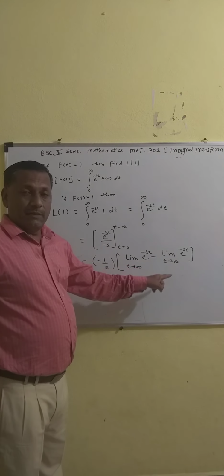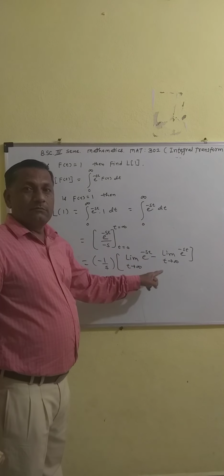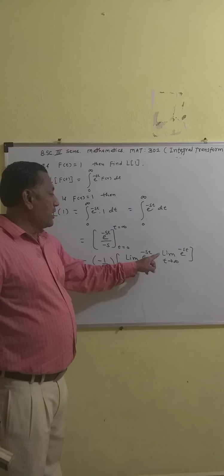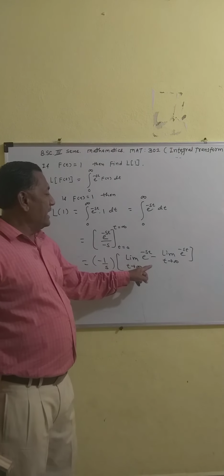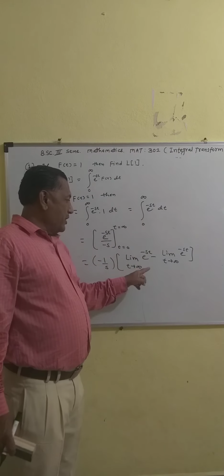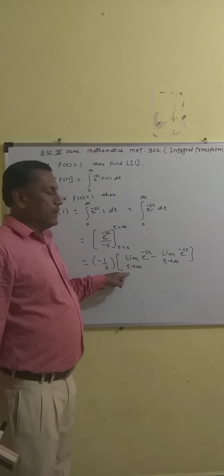E raised to infinity means infinity, and 1 upon infinity means 0. So this value becomes 0.